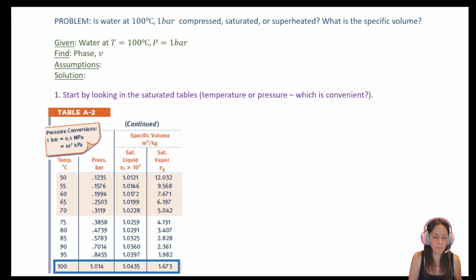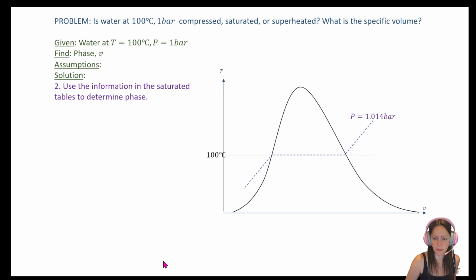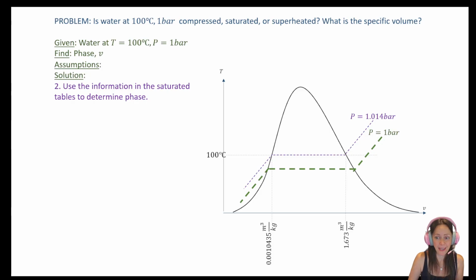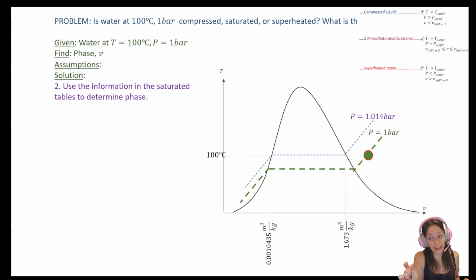Those correspond to the V sub F and V sub G values, okay? So I am not at 1.014 bar, I am actually at 1 bar. I can see that that puts me in the superheated region there, okay?